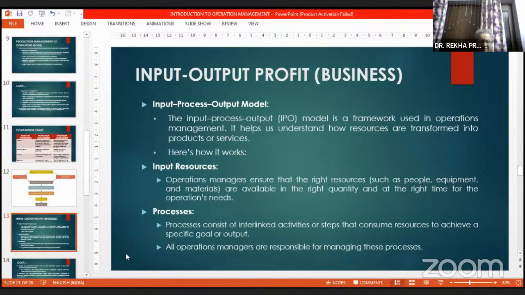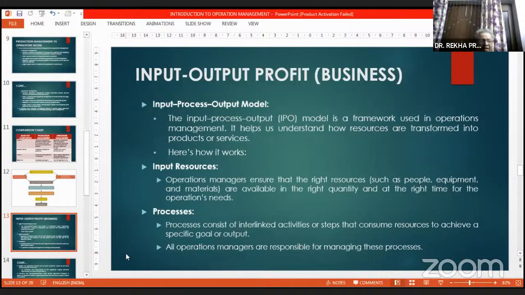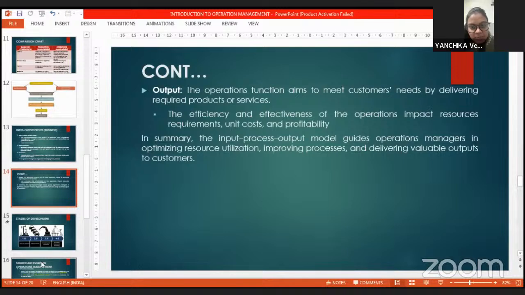Processes consist of interlinked activities or steps that consume resources to achieve a specific goal or output. All operation managers are responsible for managing this process. Output: the operation functions aim to meet customer needs by delivering the required products or services.